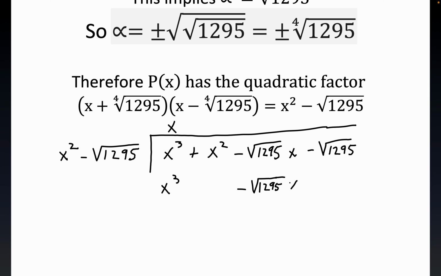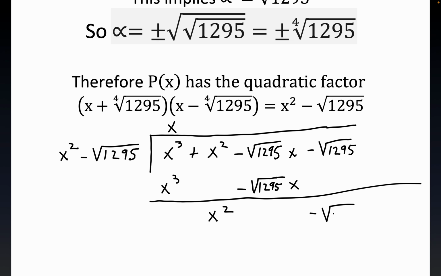I always call this just a columnar subtraction. When you subtract, these two terms vanish, and so we bring down x squared minus the square root of 1295.